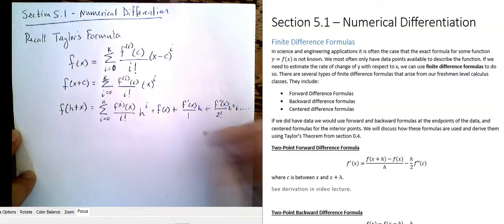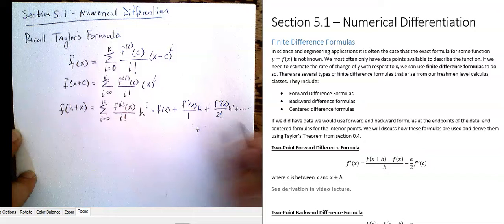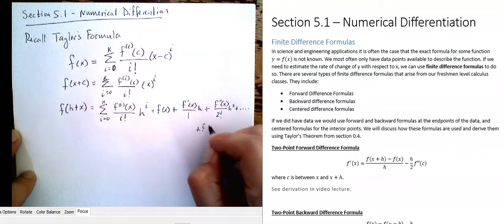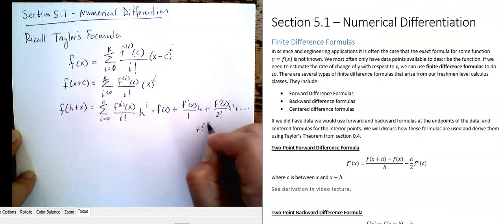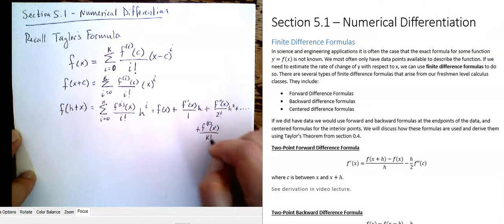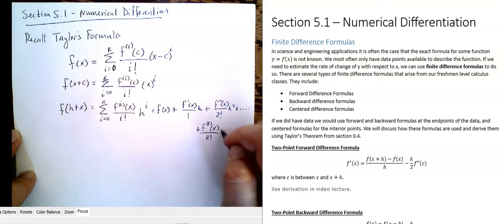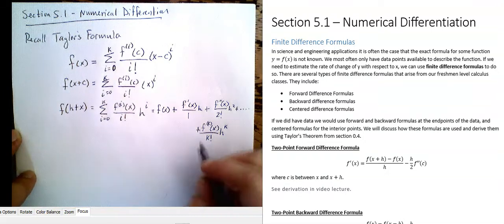and so on and so forth. The last term would be the kth derivative of x over k factorial times h to the k. And then the very last term, our error term, recall, was the very next term.